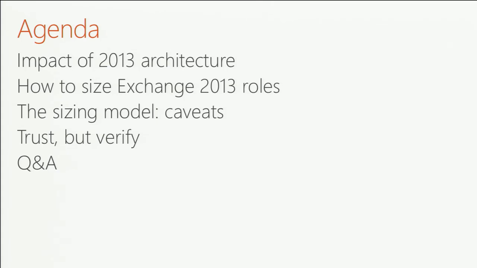So we'll talk through some of that briefly as well. Talk about how to verify or validate that the plan that you've come up with is actually sufficient, some of the tools that we offer for that. And then we should have time for a bit of Q&A.